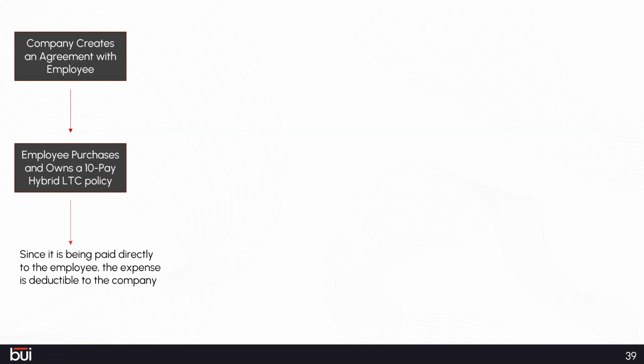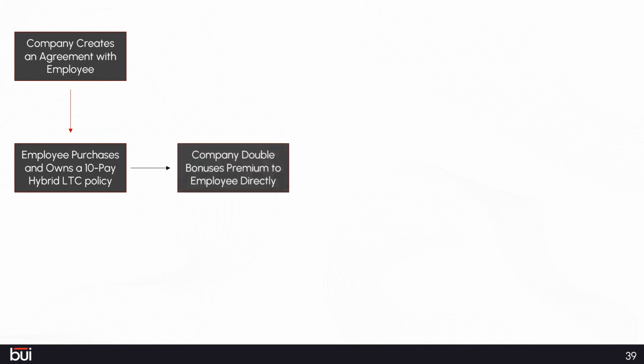Since the premiums are essentially being paid by the employee, the expenses are deductible as income to the family. The company is basically double bonusing the premium to the employee. In other words, they need to give him $7,265 after tax to be able to fund the full premium for the long-term care insurance.